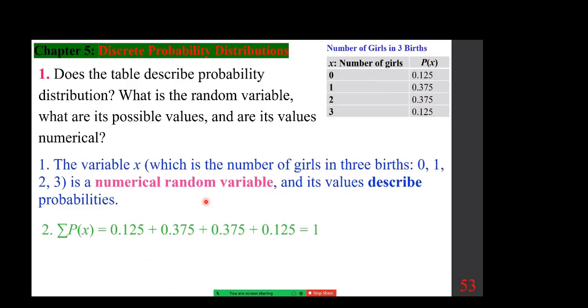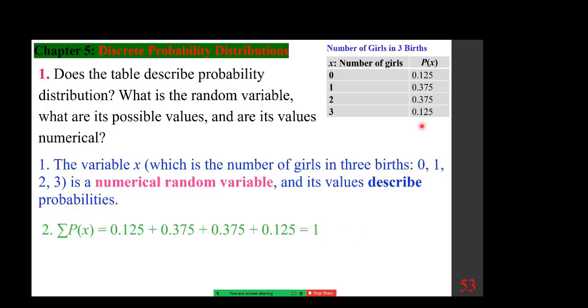Number 2, add them up. They must add up to 1. And again, this is what you want to pay attention to. If they don't add up to 1, this is not a probability distribution. However, if this number is very close to 1, such as 1.00000 or 0.99999, that's okay, because it could happen due to round-off error.